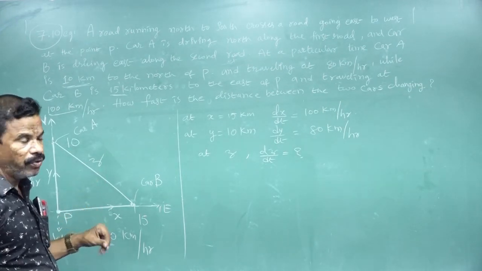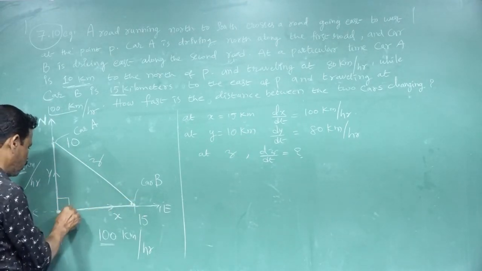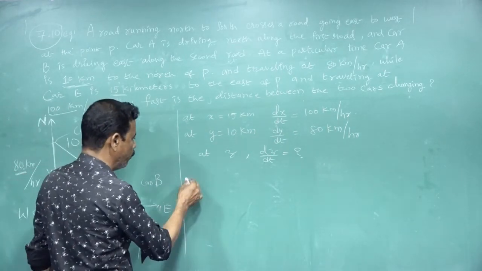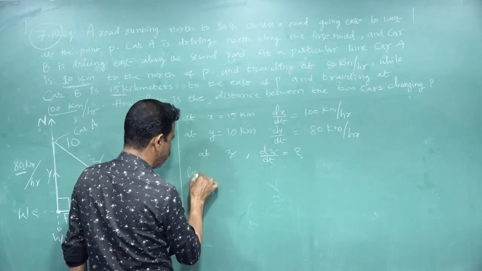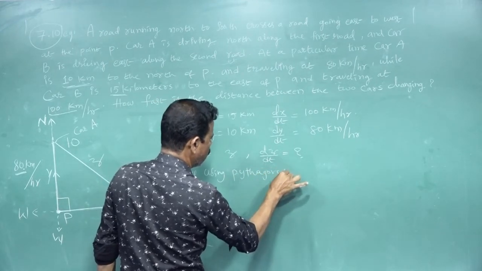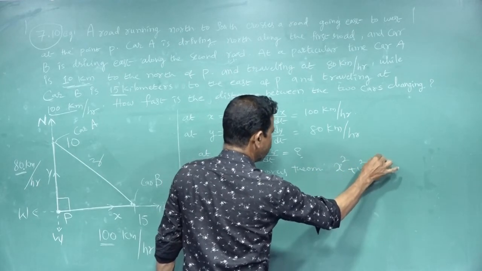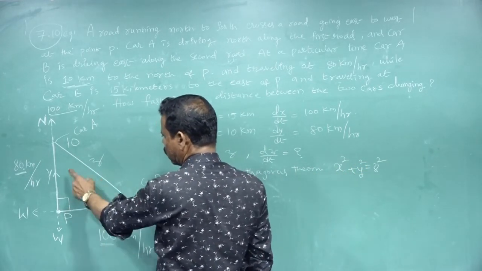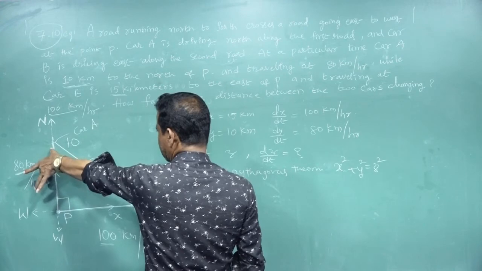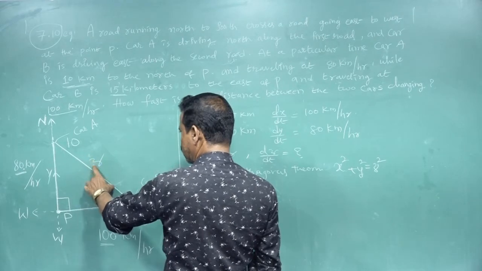For that z value, we use the Pythagoras theorem, since it is a right angle triangle. x square plus y square is equal to z square. All letters we mentioned here, no need to write them again. This is x, this is y, the distance of car A, the distance of car B, and the distance between those two cars is z.